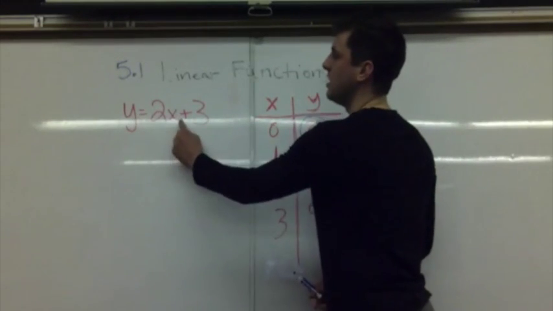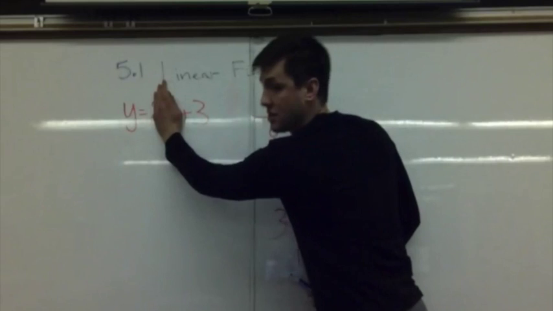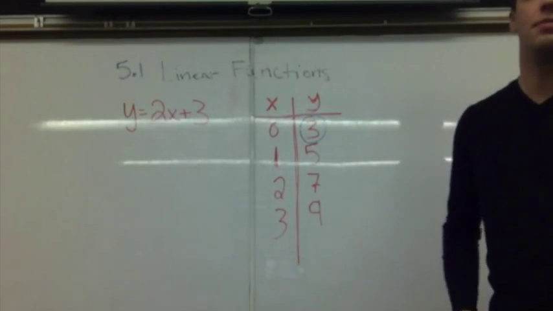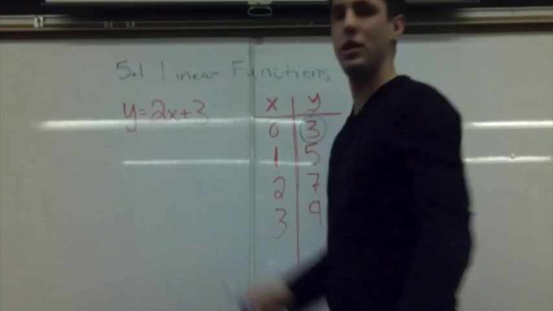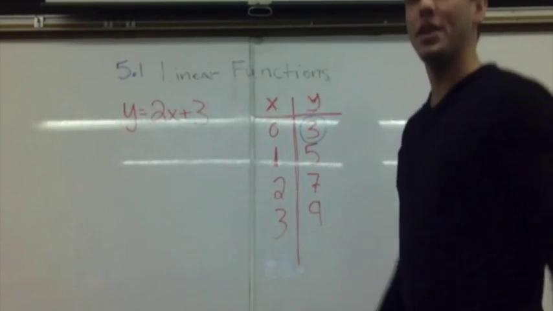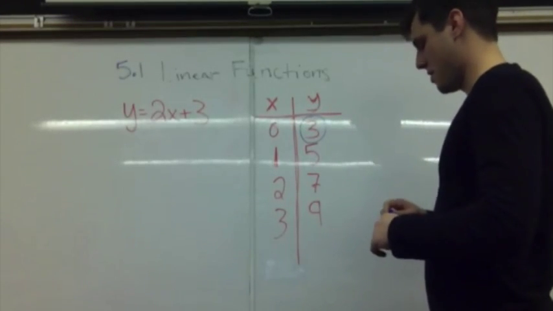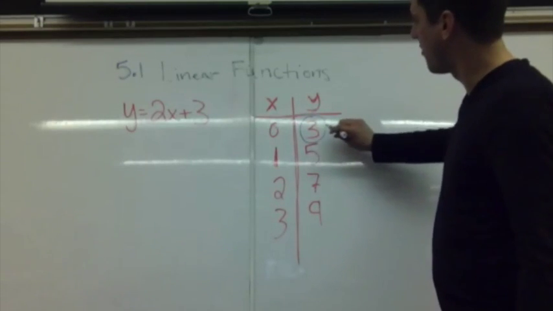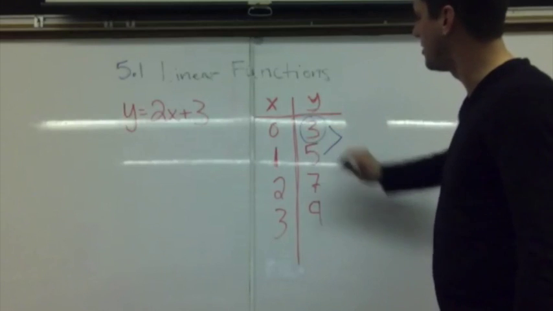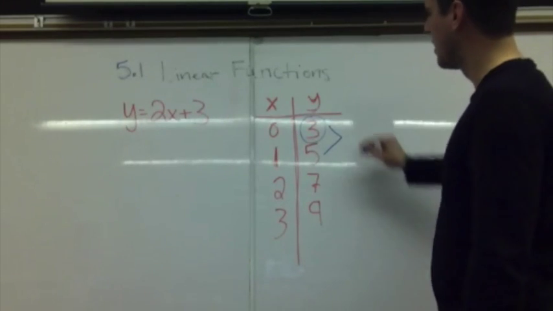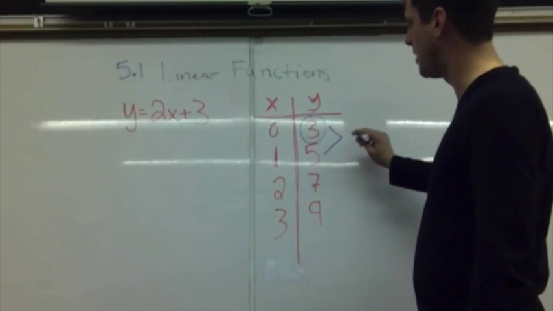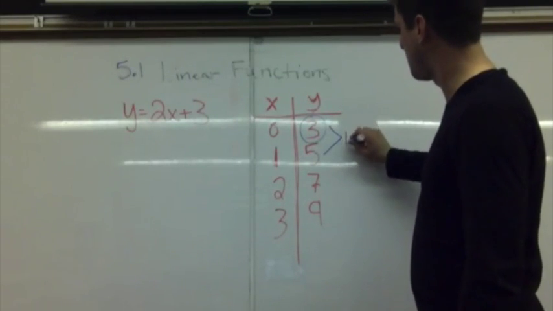Why is it always across from where x equals 0? Because if you were to plug a 0 in for here, that 2 times x would be erased, and all you would be left with is 3. So then y would equal 3. Now, what is m? M is going to be your first difference. So going from 3 to 5 here, your first difference for the y column, the first difference between those two is plus 2.